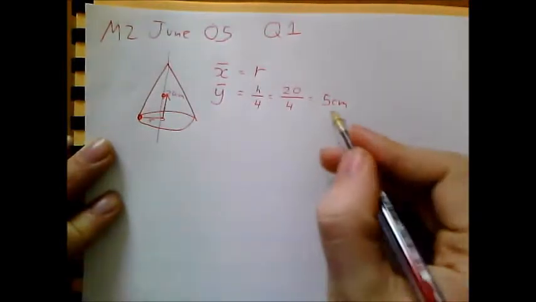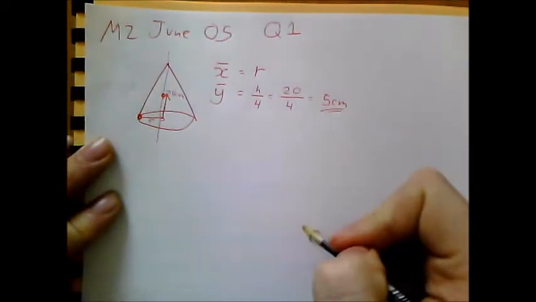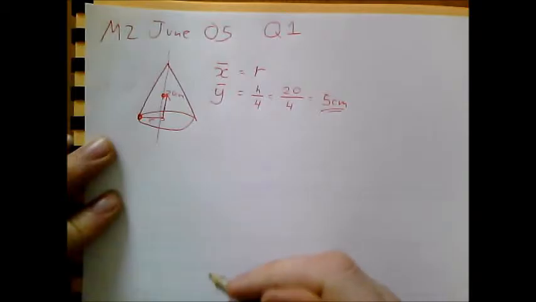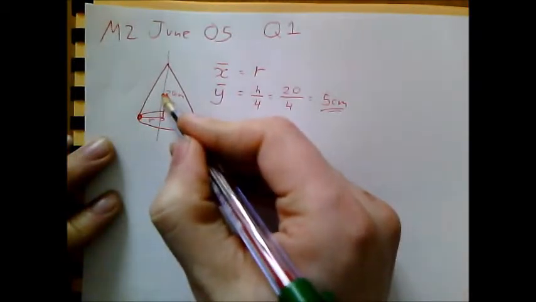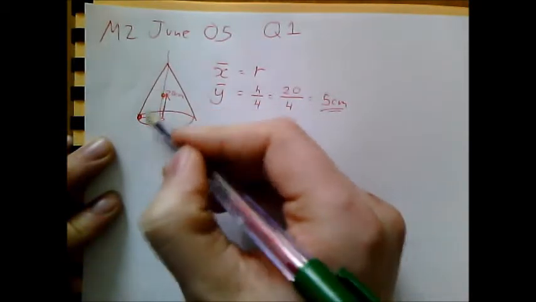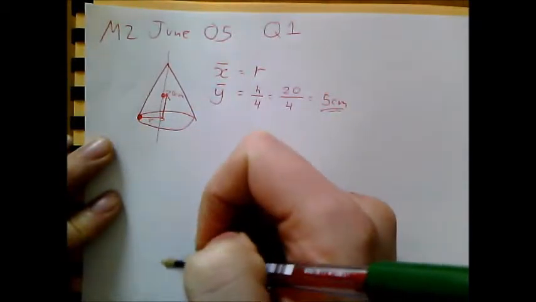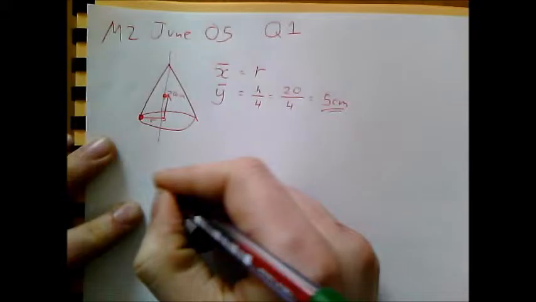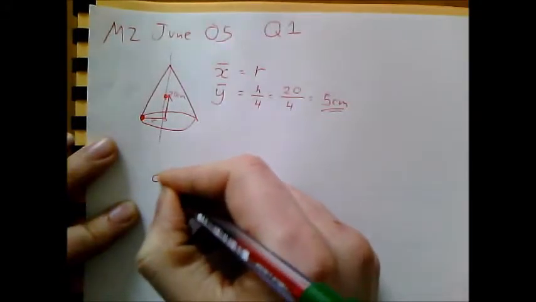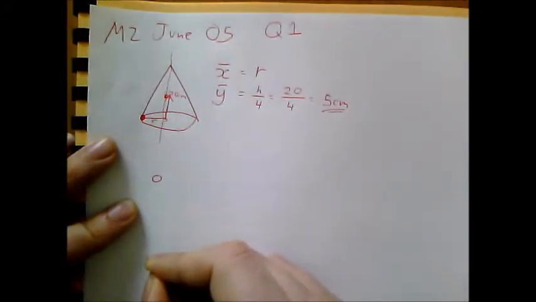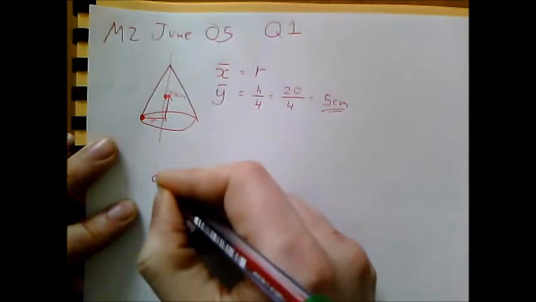This is going to be quite important for us. At the point of toppling, the centre of mass is going to be directly over the edge of the base of my cone. If I draw a very simplified diagram here, here is my centre of mass, and here is the edge of the cone.